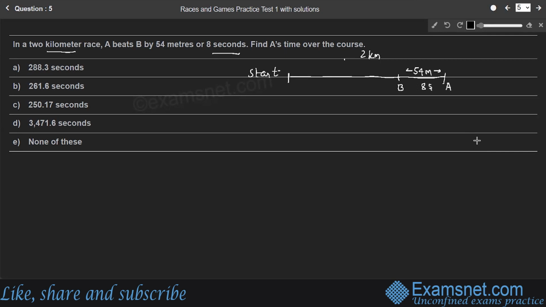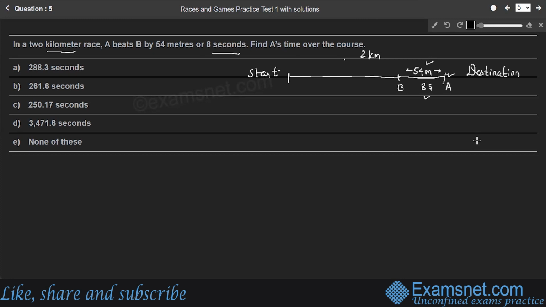That means to reach the destination, B requires 8 seconds to cover 54 more meters. So B has to cover 54 more meters to reach the destination, and that takes 8 seconds.